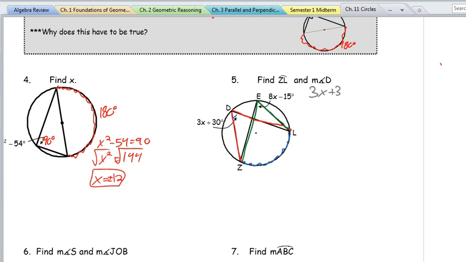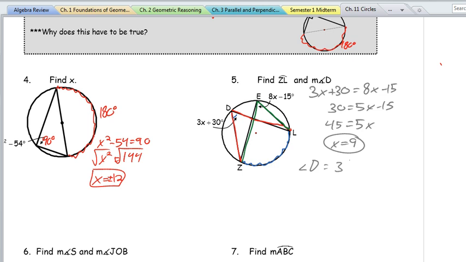So 3x plus 30 equals 8x minus 15. So that's going to end up being 30 equals 5x minus 15. 45 equals 5x. X is 9. That's a big part to this problem. So we can go ahead and plug in to find angle D. Angle D is 3 times 9 plus 30, or 27 plus 30, so angle D is 57 degrees.